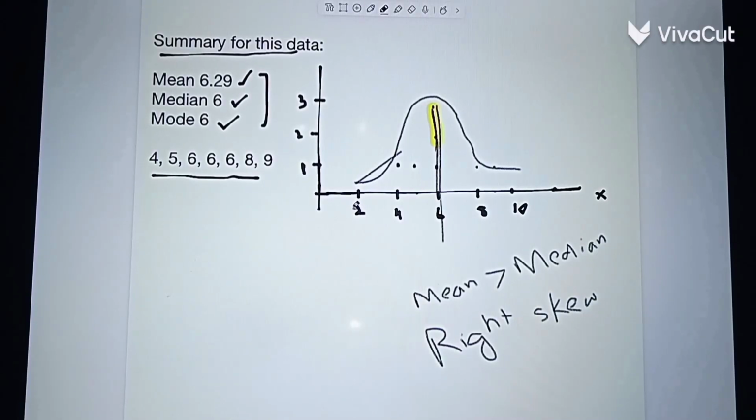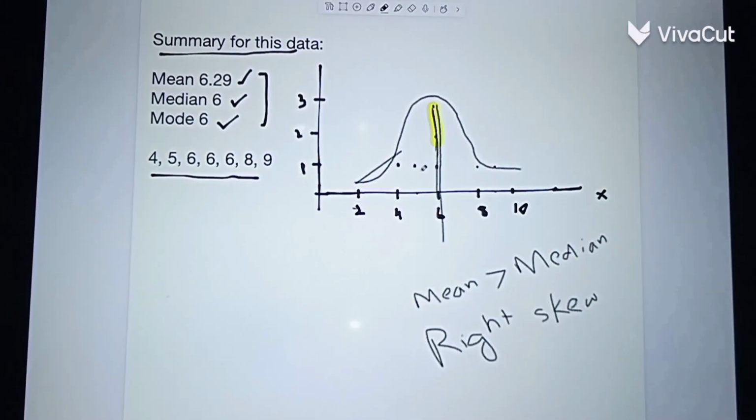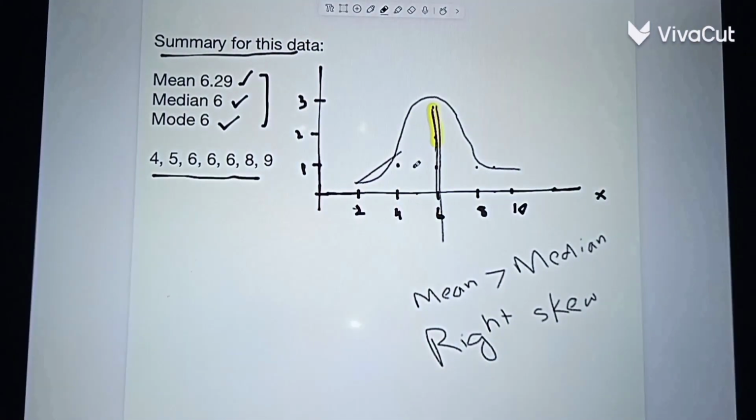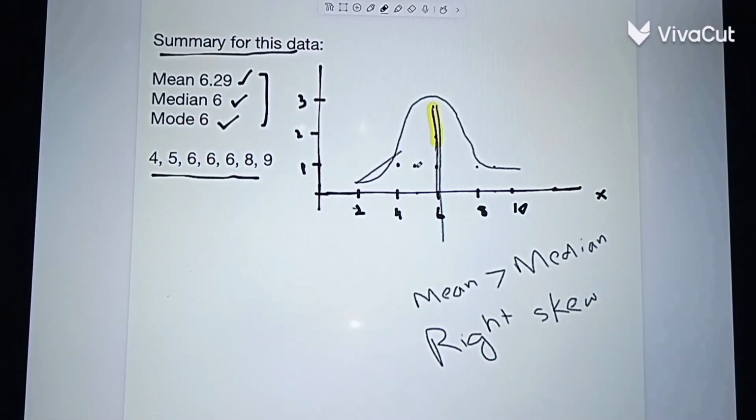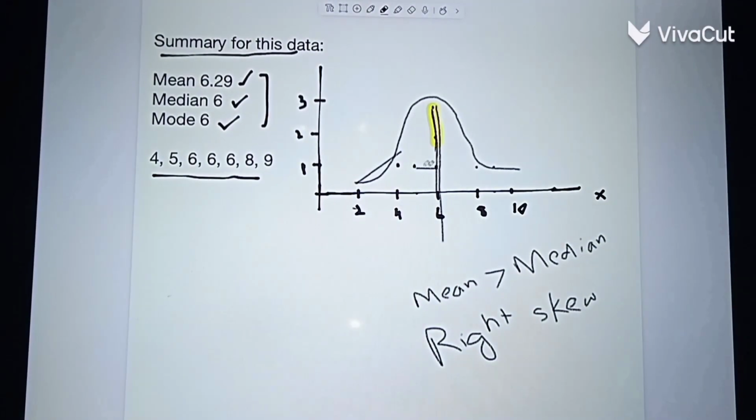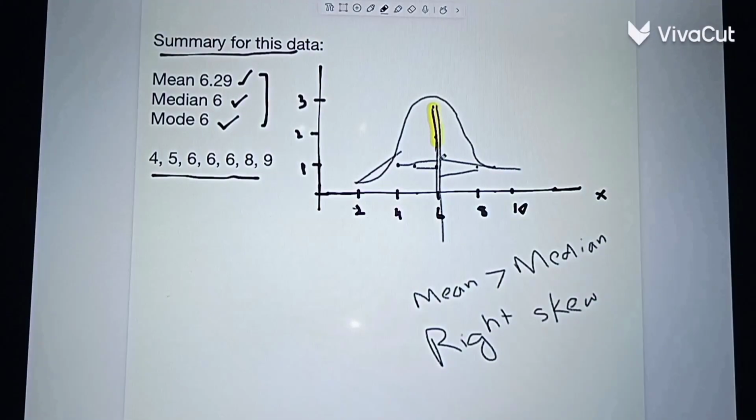This was the data. We calculated the center of this. Now, if we want to know how far each value is from the central value, how far is this value, this value, this value from the center, then we use measures of dispersion.